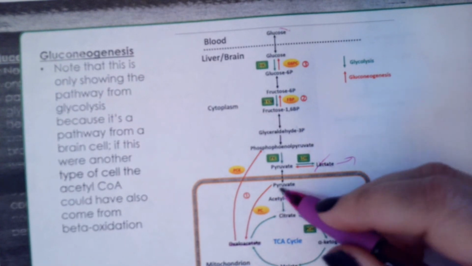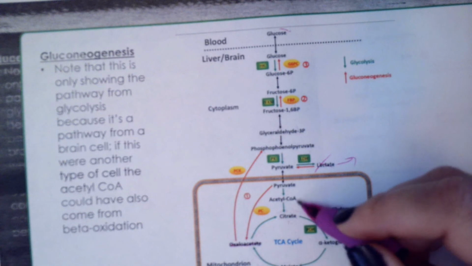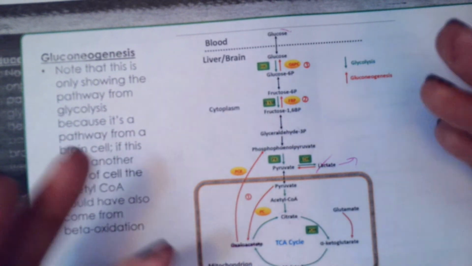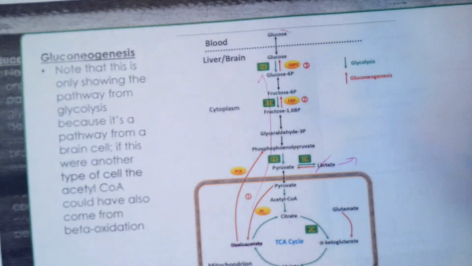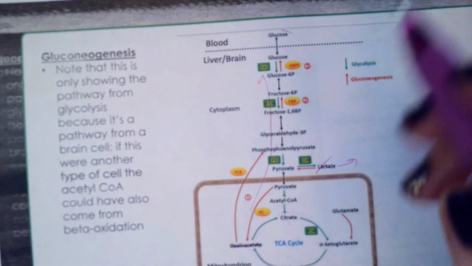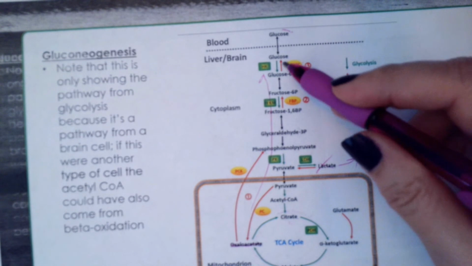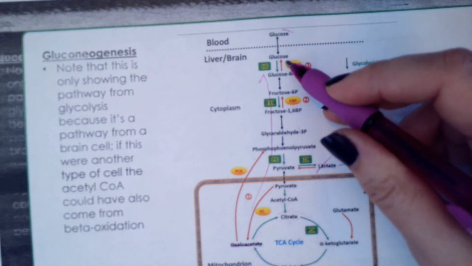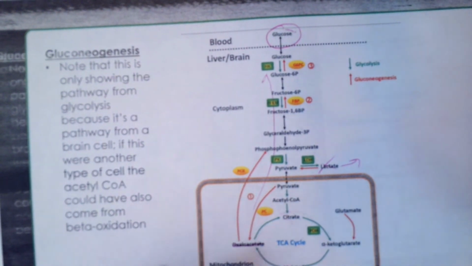We can't react our acetyl-CoA with oxaloacetate to make citrate because we don't have enough oxaloacetate. It just means everything is going to go back. I said I wasn't going to draw more arrows on it, and then there I did. But just look at the arrows going back up. We're going backwards through glycolysis. Our end result is glucose. So that's gluconeogenesis. Okay.